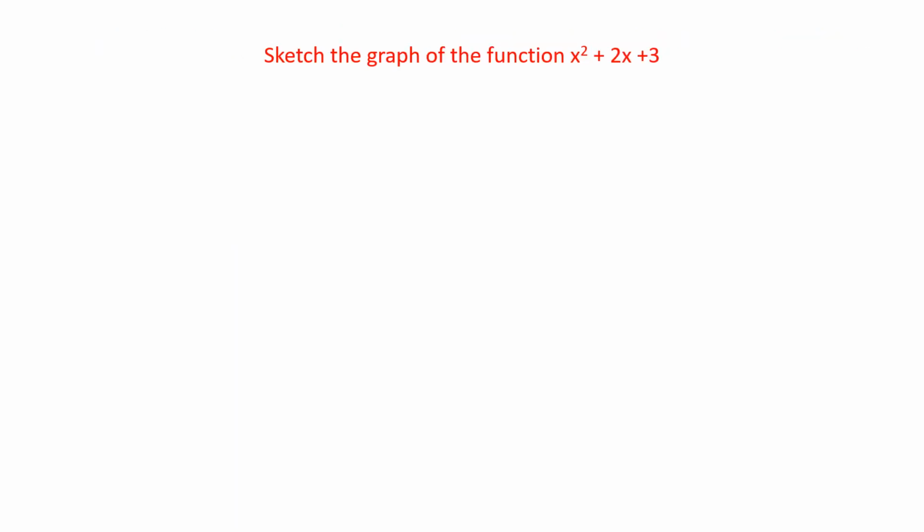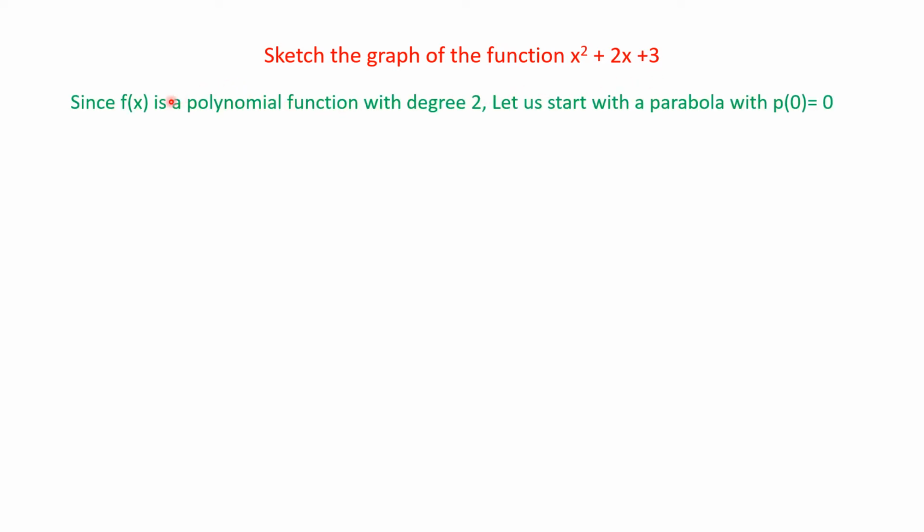The next question is as follows. Sketch the graph of the function x squared plus 2x plus 3. Since f of x is a polynomial function with degree 2, let's start with a parabola with the characteristic p of 0 equal to 0.